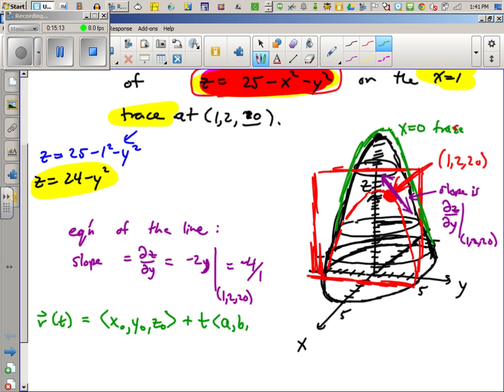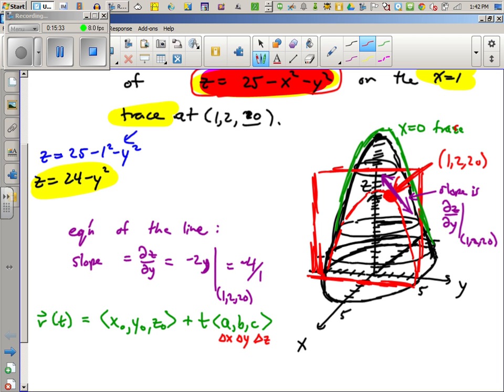And if you've been struggling with what a, b, and c mean, they really just represent delta x, delta y, delta z. That's all they represent.